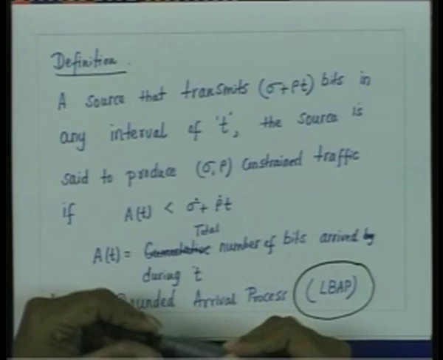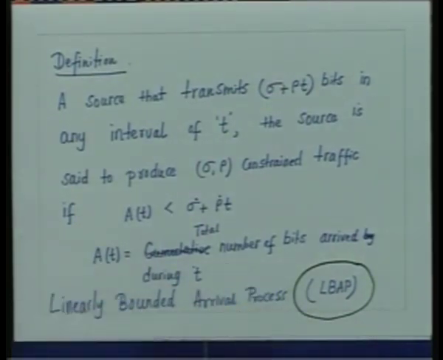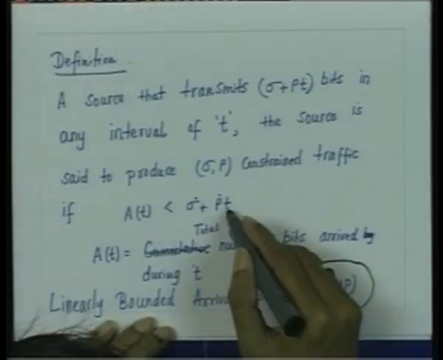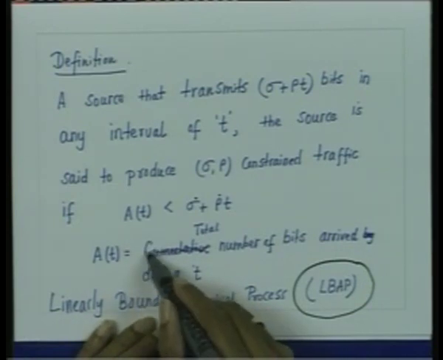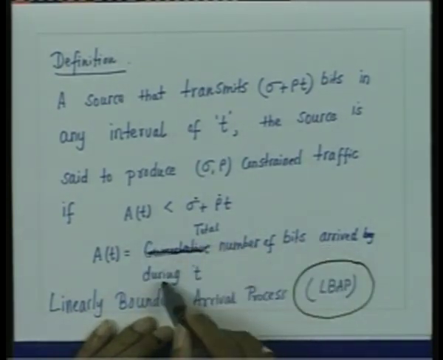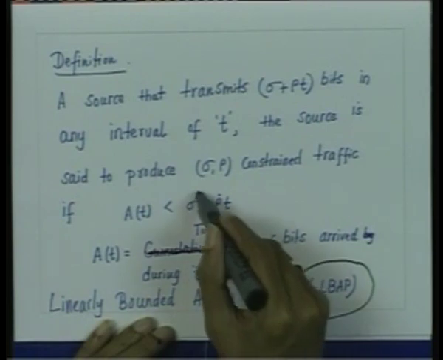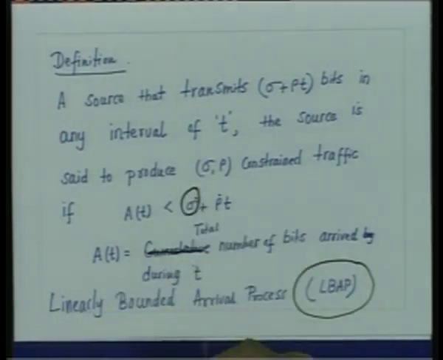If you consider that this interval t is very small, then looking at this equation, the total number of bits that arrived during time interval t is approximately equal to sigma. So what is the interpretation of sigma?